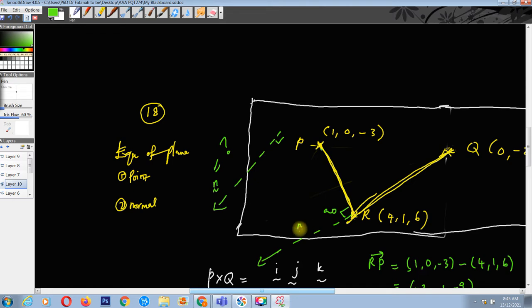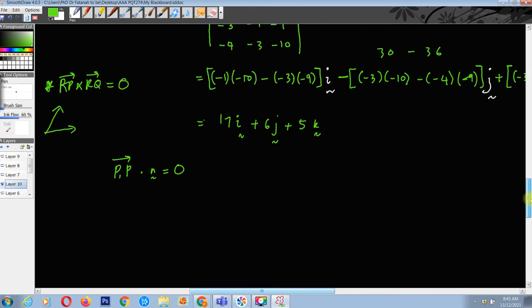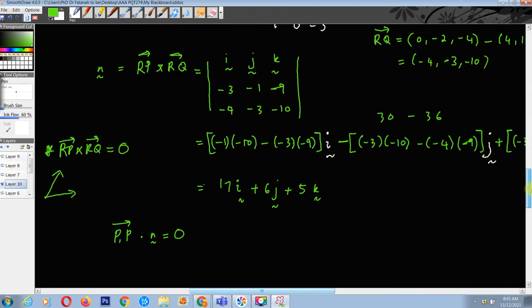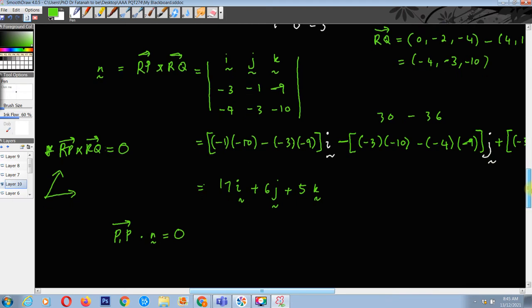So if the cross product gets 0, it means they have no normal. So no normal means the planes are parallel.